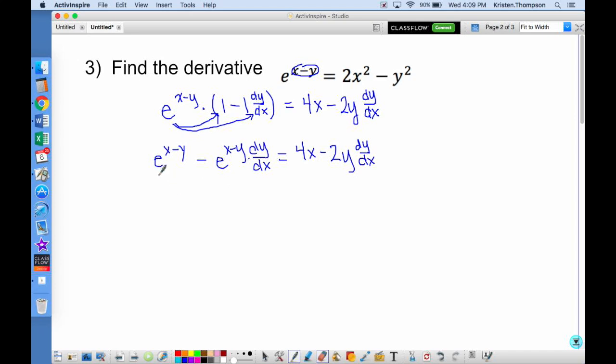So this term, e to the x minus y, doesn't have a dy dx term, so we're going to move that to the right side. This one we're going to keep on the right-hand side because it doesn't have a dy dx, and this one moves to the left since it has a dy dx term. Moving the 2y dy dx to the other side makes it positive.